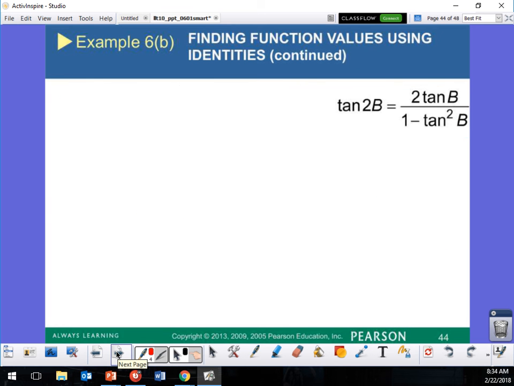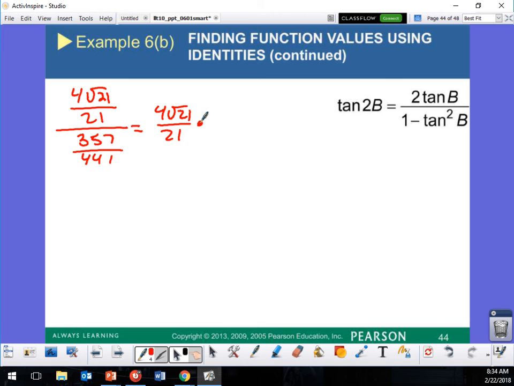So it's 4 rad 21 over 21 times the reciprocal. The reciprocal of this, I'm going to flip this over: 441 over 357.